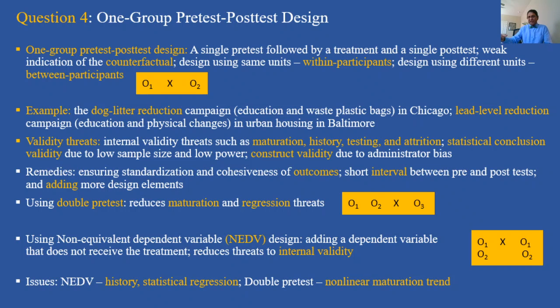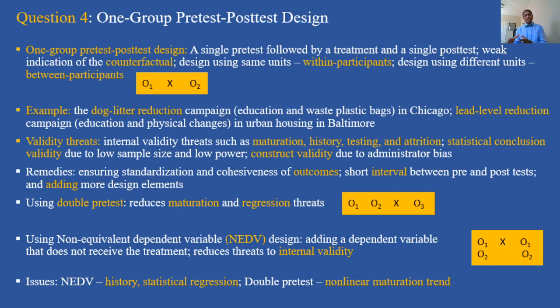So with the treatment, we have an effect of the cause, but without the treatment, what would have been with that particular variable? That is the counterfactual. So we get a small, weak indication of that counterfactual by adding a pretest. Now, if this design is done using the same units, it is called a within participant design.